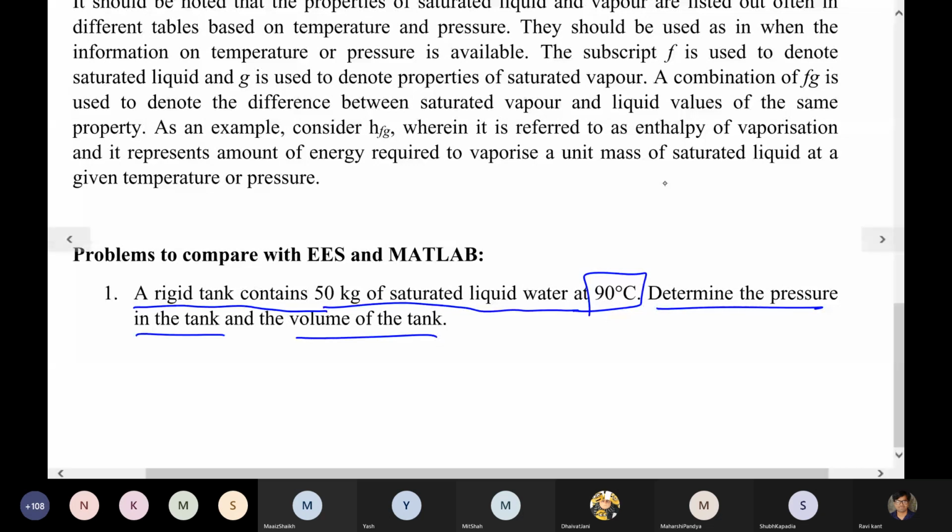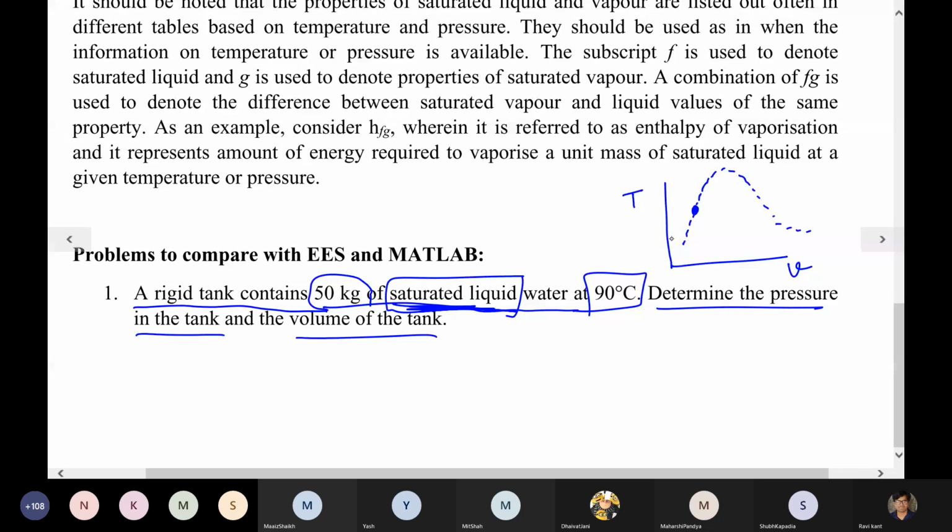So in this question, let's suppose I have temperature and specific volume axes. You have a dome. Now it is given that you have 50 kg of saturated liquid. So where is saturated liquid? In this particular line, right? Somewhere here, maybe here, I don't know.